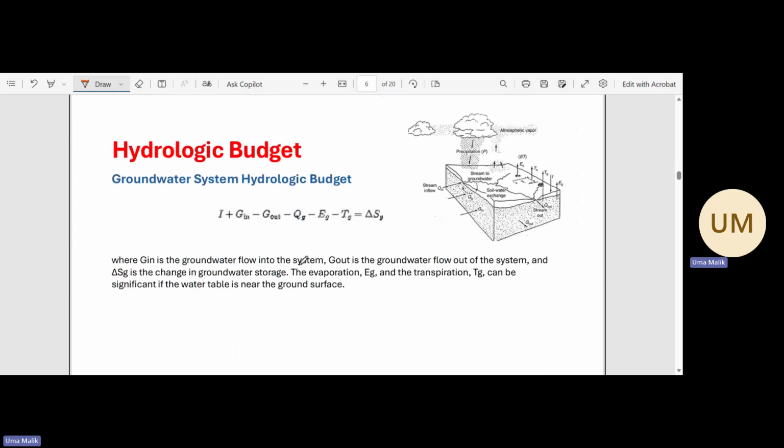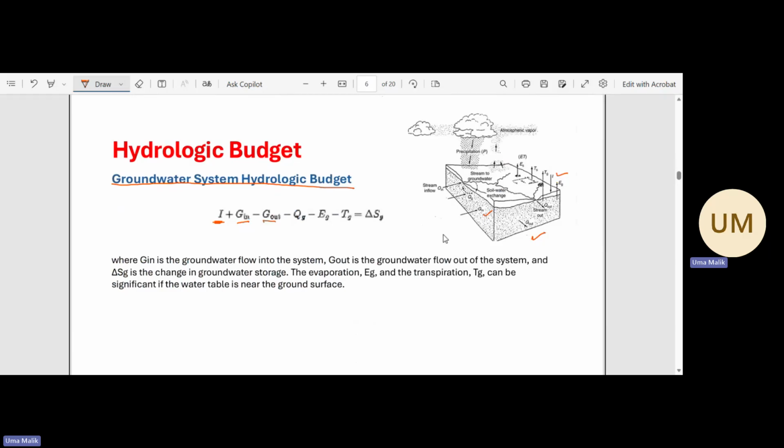Now your groundwater system equation. So you have infiltration, because infiltration is for groundwater recharge. Here it is showing infiltration. And you have G in, which is groundwater flow into the system, and groundwater flow out of the system.